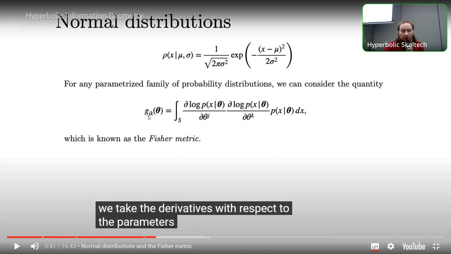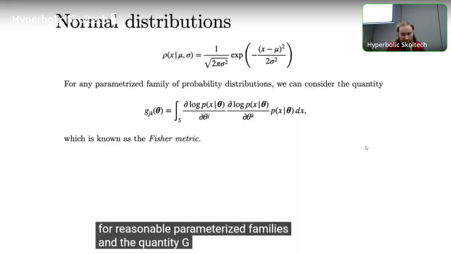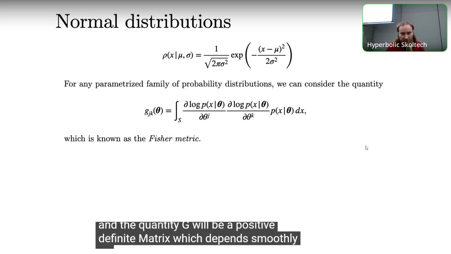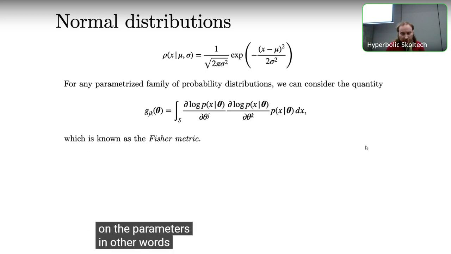It is given by this expression, where we take the derivatives with respect to the parameter, and then integrate over the sample space. For reasonable parameterized families, the quantity G will be a positive definite matrix, which depends smoothly on the parameters. In other words, it is a Riemannian metric.